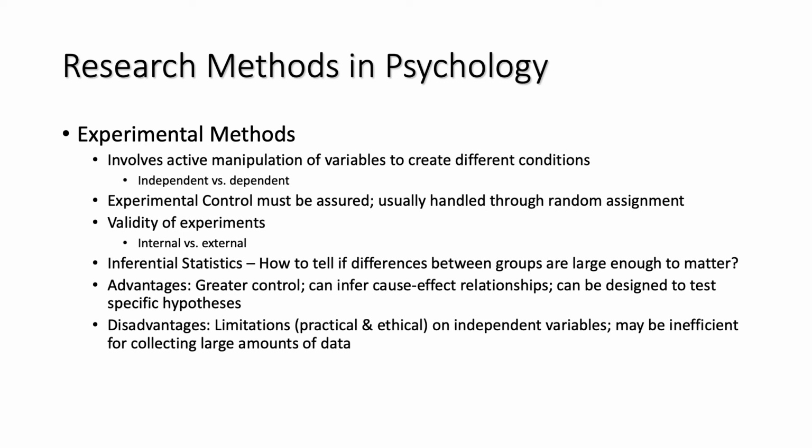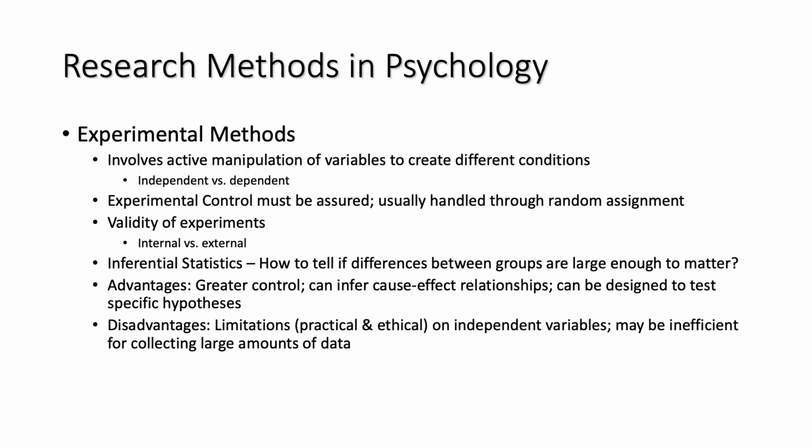And if I said 3.2 versus 3.0, you might still be a little uneasy about making that jump. On the other hand, if I would say, okay, the people who drank had a GPA of 2.0 and the people who didn't had a GPA of 3.2, you would probably say, aha, yeah, that's big enough. I know that the drinking had an effect now.